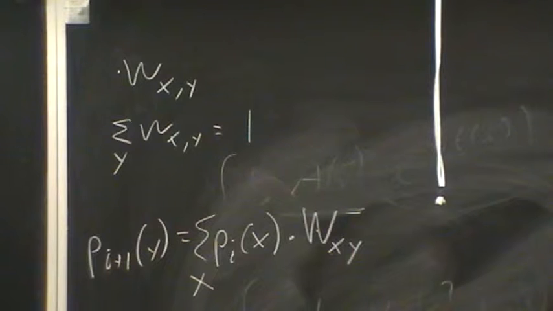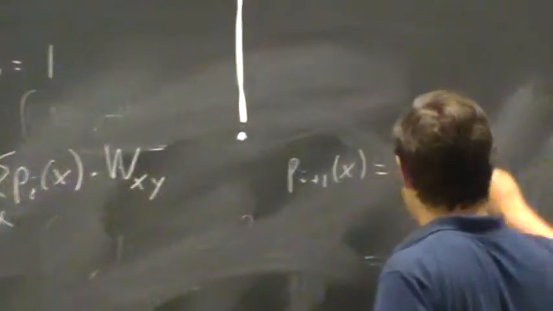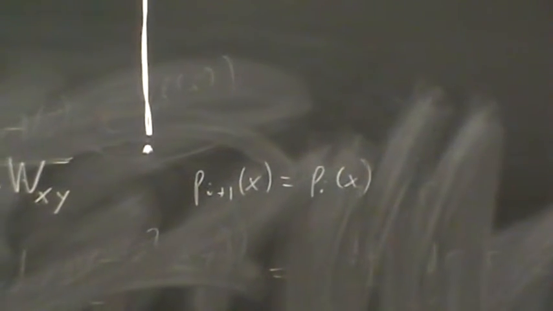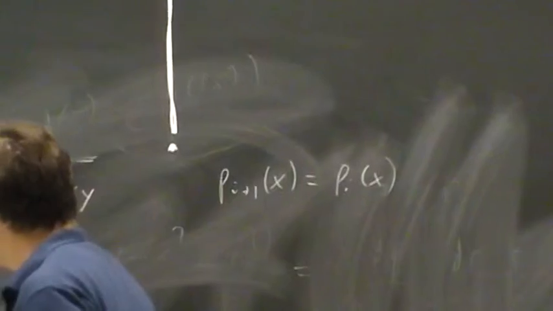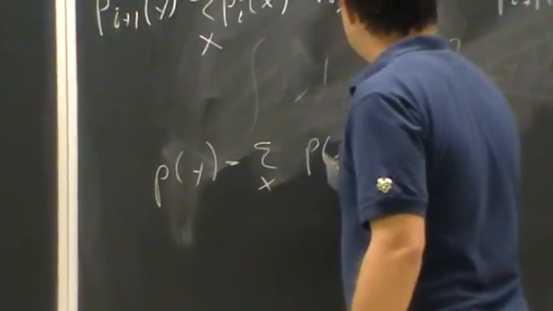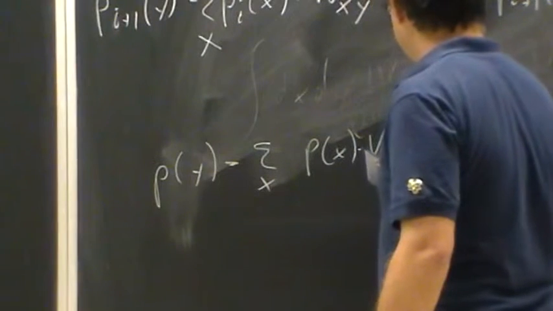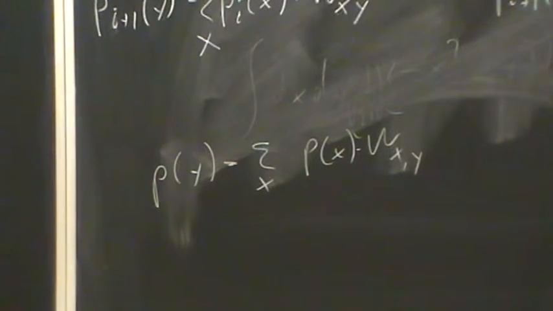Now we want that it reaches a fixed point, so we want pi_{i+1} of x to be the same as pi of x. That's the stationary fixed point. And then I need to have that p of y is the sum over x of p of x times W_xy, which means p should be a left eigenvector of the matrix W with eigenvalue 1.